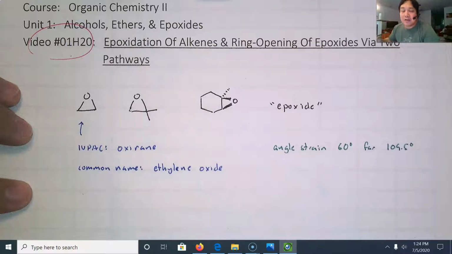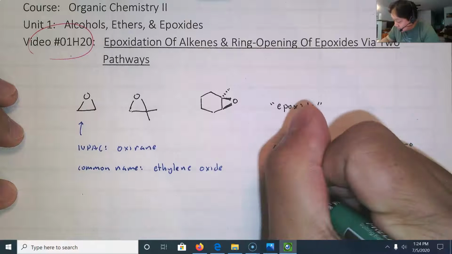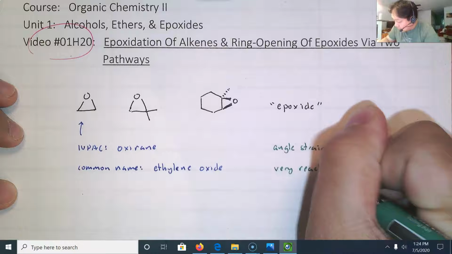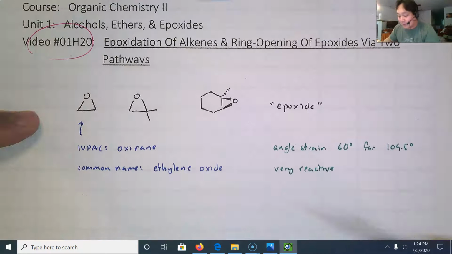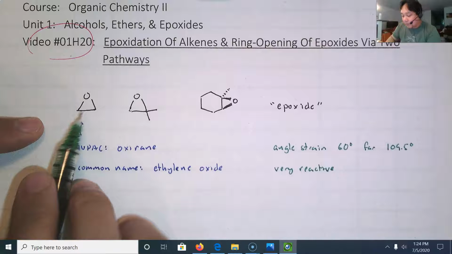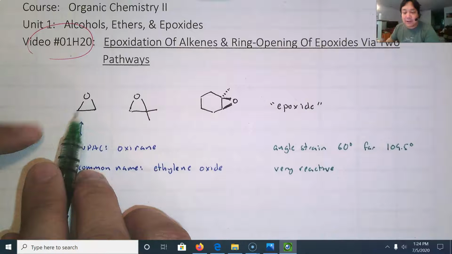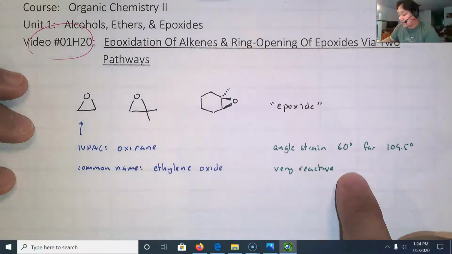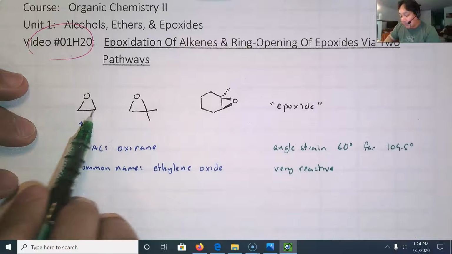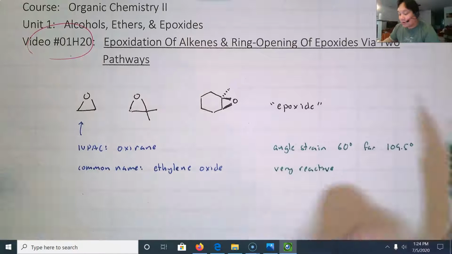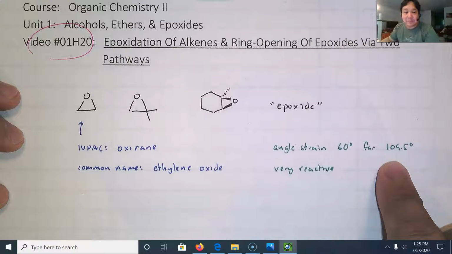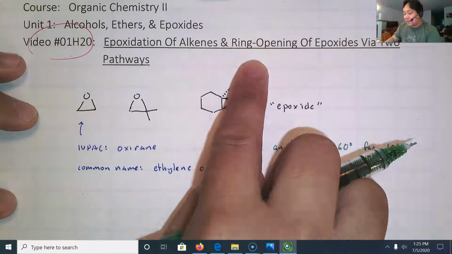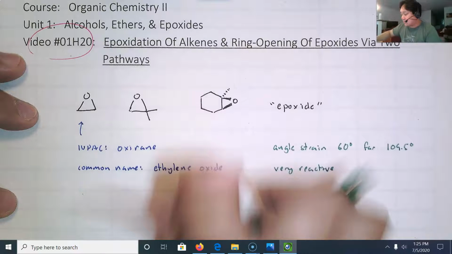Epoxides are isolatable, but they're also very reactive. The reaction we're going to see with epoxides is ring opening to break one of these two bonds and relieve the angle stress. And the carbons now, after that triangle is broken, will assume most likely a 109.5 degree bond angle. But we'll get to that when we discuss the reactions.